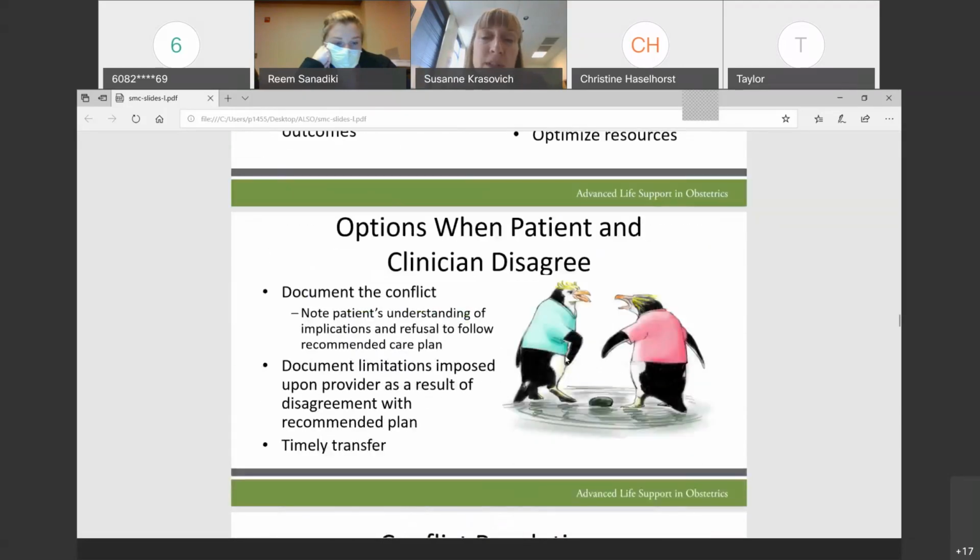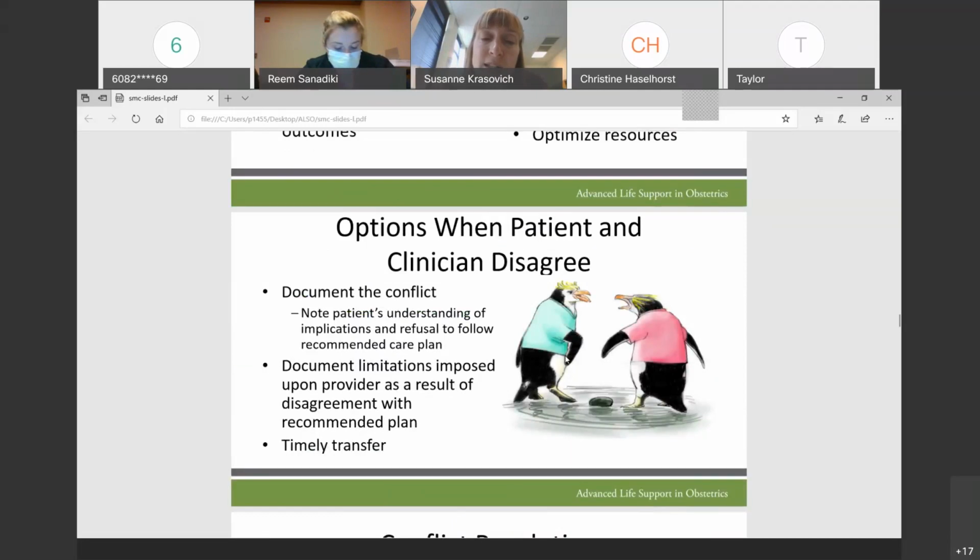There are going to be times, even with the best, highest functioning team, when the patient and the clinician, or the patient and the team, disagree. You're not on the same page. When that happens, you want to make sure that you document the conflict, including the patient's understanding of the implications and the decision not to follow the recommended care plan.